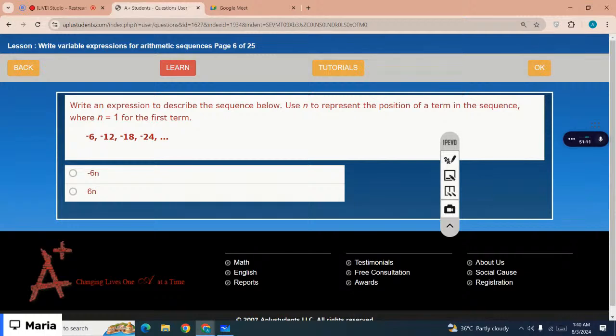The correct option is negative 6n, and option number 1 is the correct option. Very good.